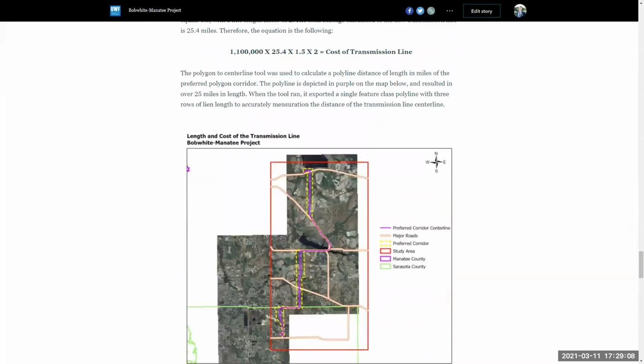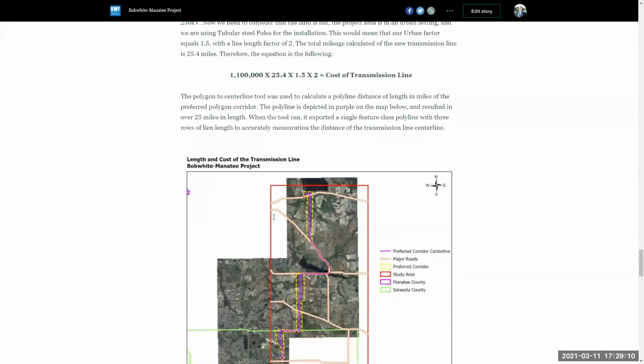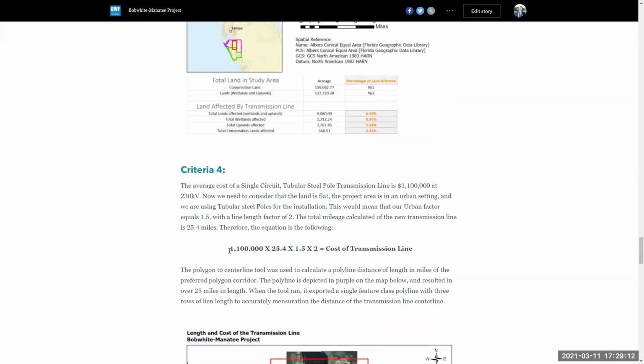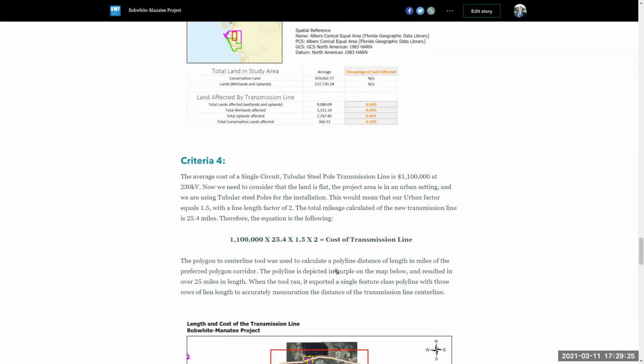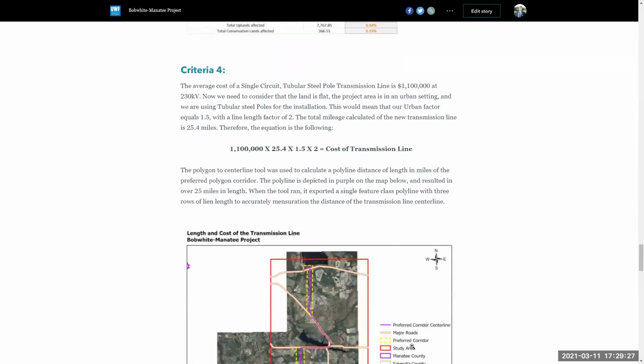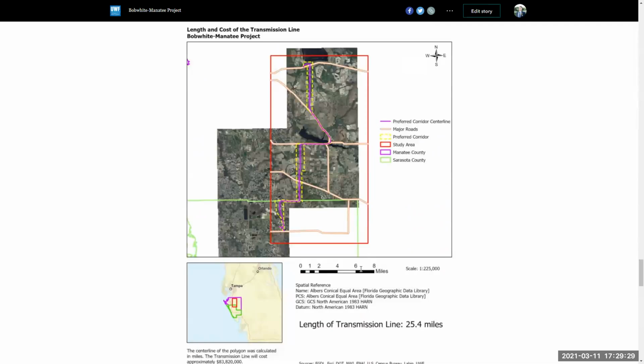Right here, I wanted to show this formula. So we know the cost of the transmission line, because it's a 230 kilovolt line, the average, according to industry standards, is going to cost $1,100,000 times the mileage, 25.4 that we just derived from this polygon to centerline tool.